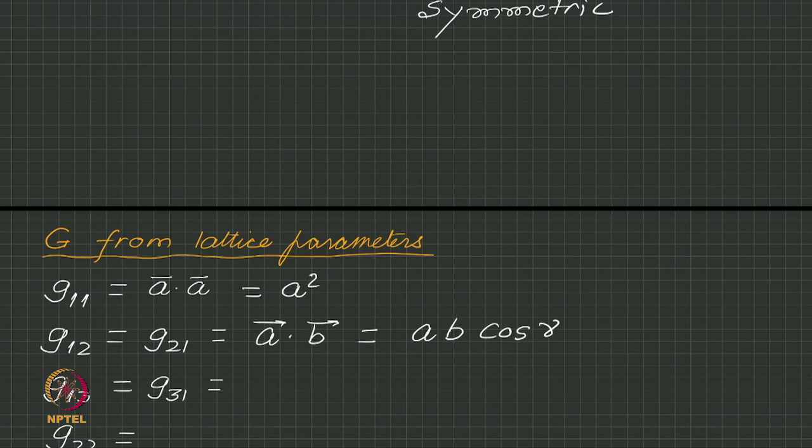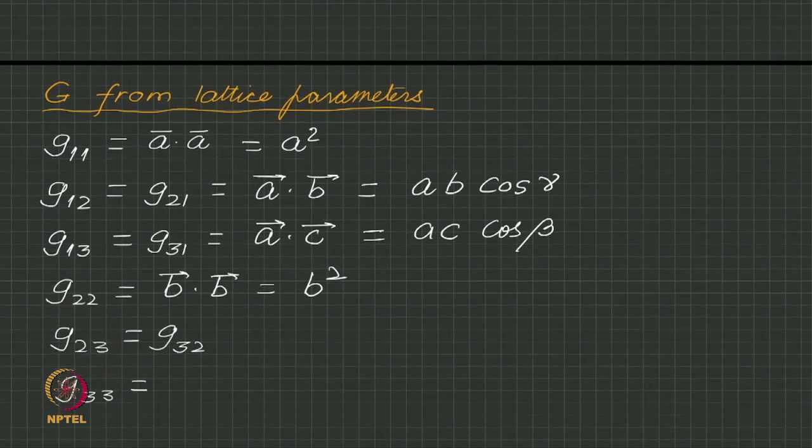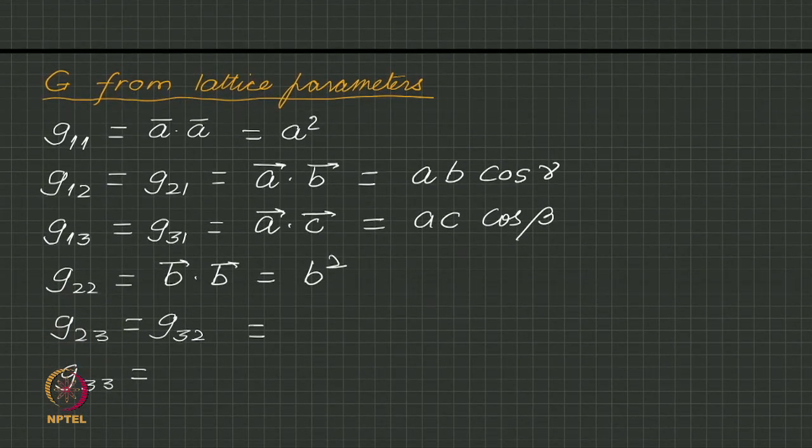So, it is a b cos gamma. G13 is A dot C, so a c cos of the angle between A and C, which is beta. G22 is B dot B, b squared. G32 is b c cos alpha.